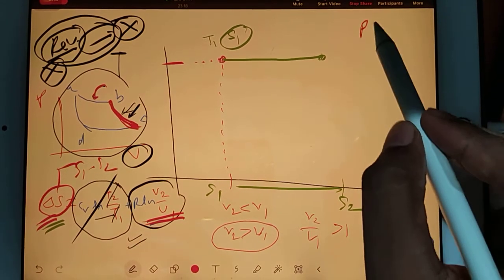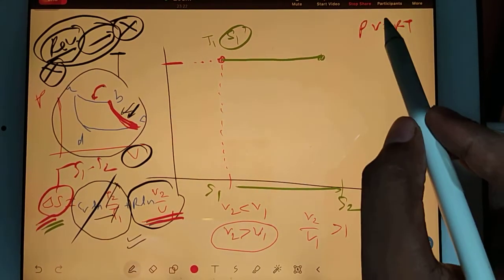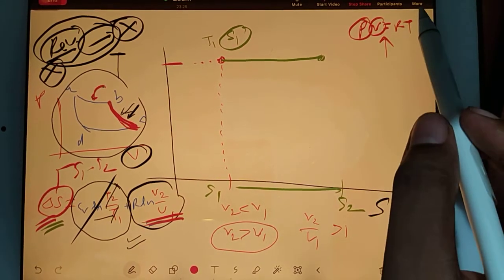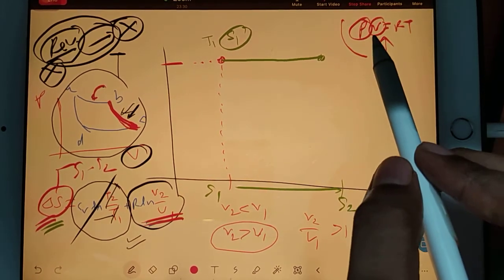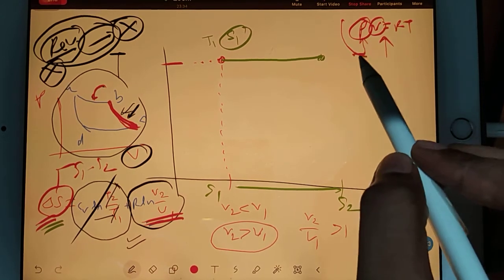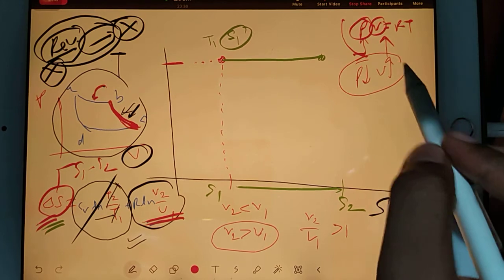And if volume increases, then temperature will decrease. How? PV equals RT is the formula. So if volume is increasing, what is happening to the pressure? That you also check. Pressure is decreasing sharply. So who is dominating? The decrement in pressure is dominating. Volume is increasing but pressure is decreasing more as compared to the volume increase, so the product of both will decrease.